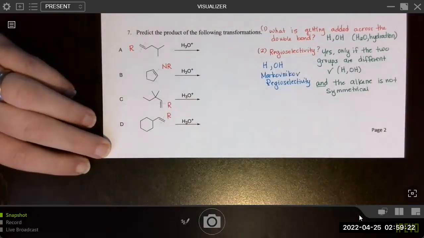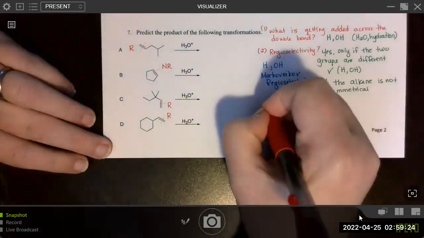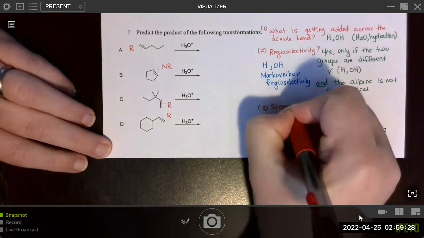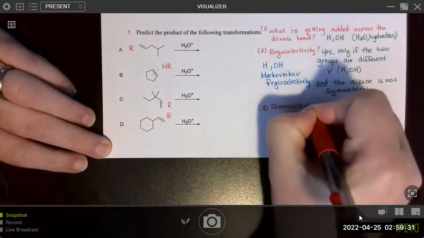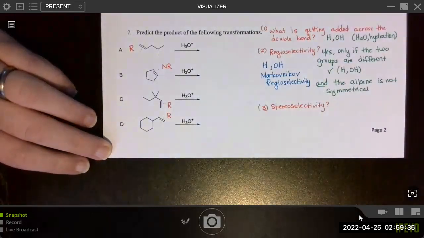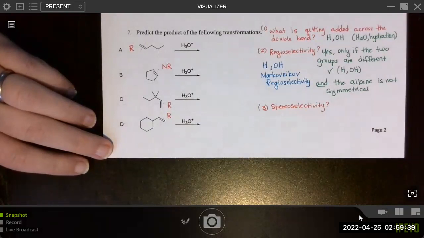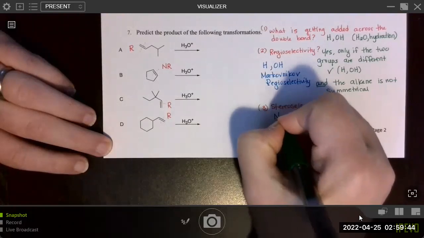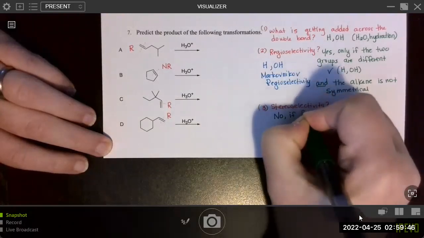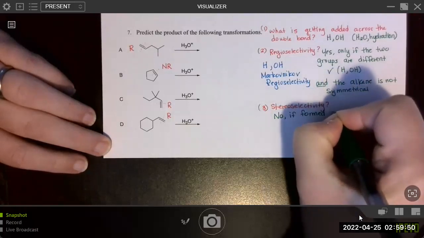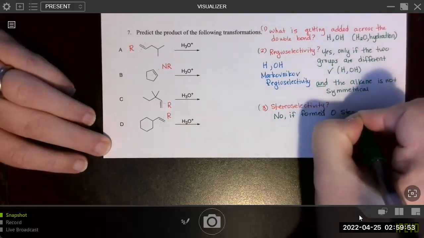All right, question number 3. What about stereoselectivity? That depends on how many stereocenters you're forming, right? So no if forming no stereocenters.